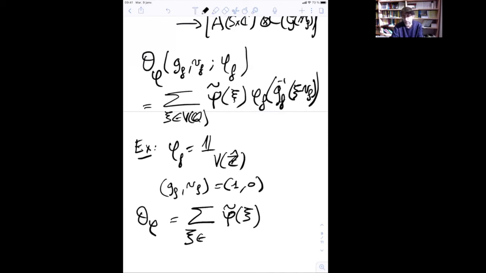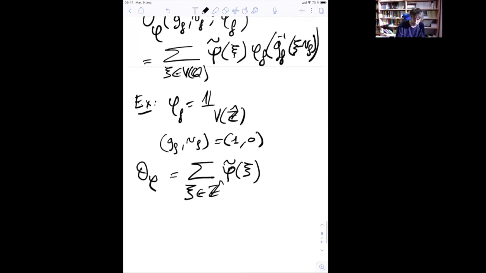But if phi_f of xi is non-zero, it means that this belongs to the lattice. So in fact, you are just summing over Z^n this phi tilde of z. So what you are doing, you are averaging the form, and the invariance of our phi tilde.